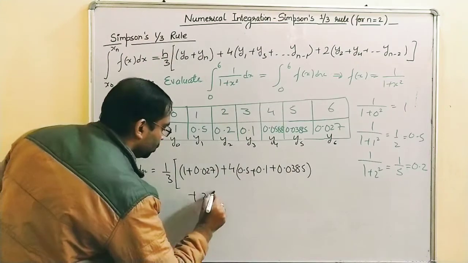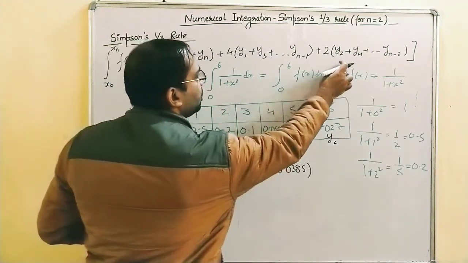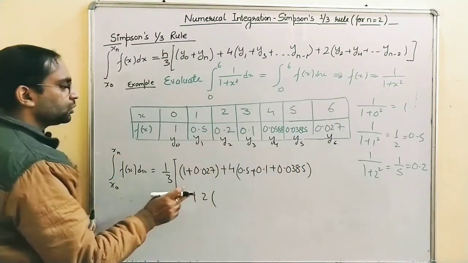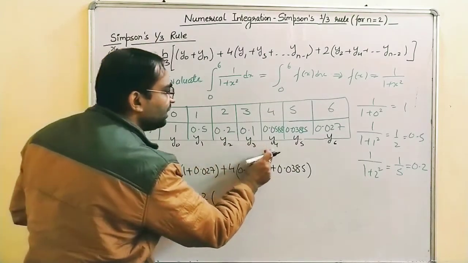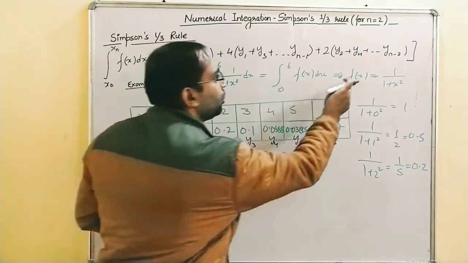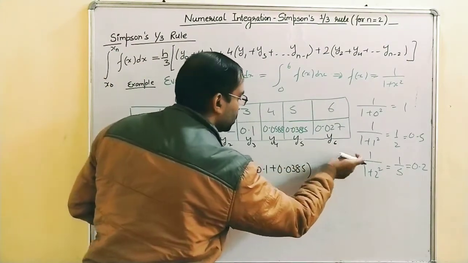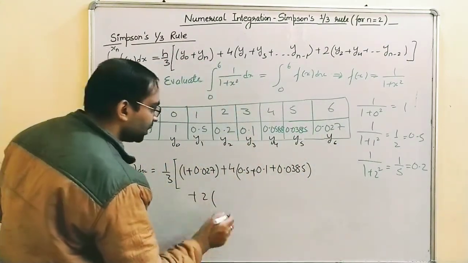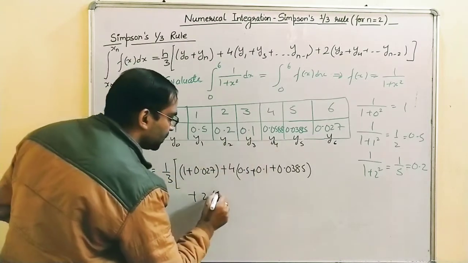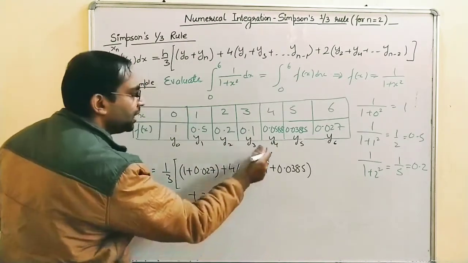Plus twice. So we have y2, y4 and so on. What values will we have? We'll have y2 and y4 only, because this goes till yn minus 2. yn is y6, y6 minus 2 is y4. So we have 2 terms here, y2 and y4. This will be 0.2 plus 0.0588.